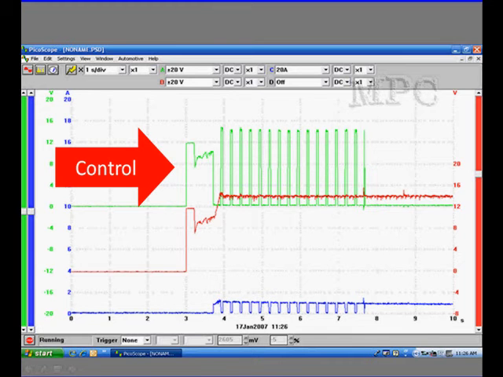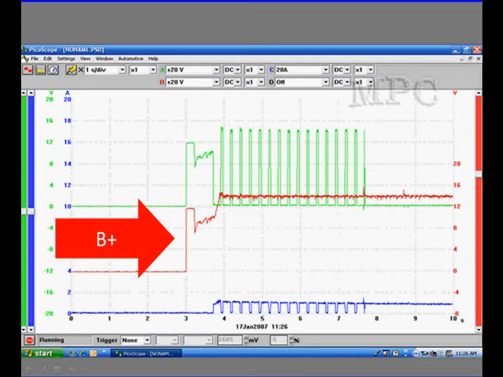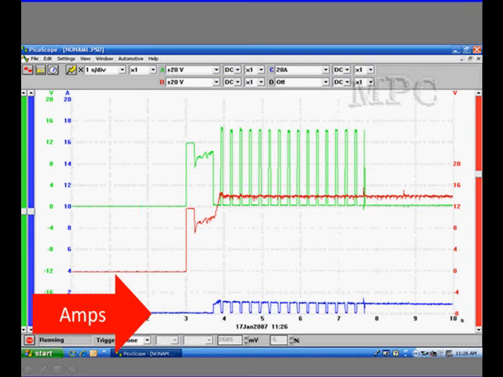That is the computer circuit to the oxygen sensor heater, where it's pulsing it on and off to heat the oxygen sensor up. And then, of course, there's B+. And down here is the current flowing. We've done that with a low current probe. And you can see every time the green trace goes on and off, we get a pulse of current to the oxygen sensor heater.